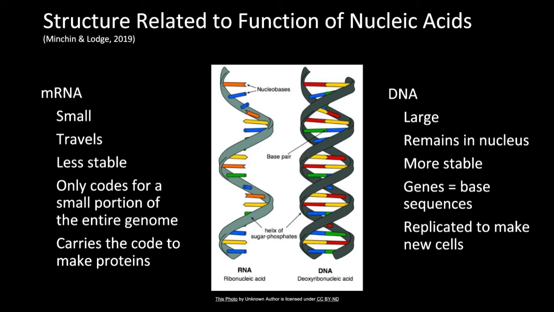So the basic purpose of mRNA is to carry the information codes in small strands from the nucleus to the cytosol. DNA is large, remains in the nucleus, is more stable, and its gene-based sequence is replicated to make new cells. Another interesting fact is DNA is never completely unwound. Only a small portion is unwound at any given time, while RNA is single-stranded for easy replication.